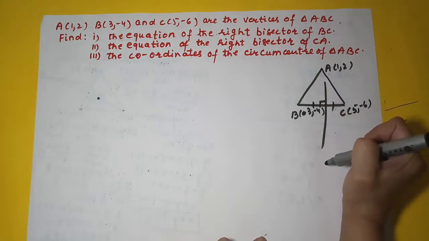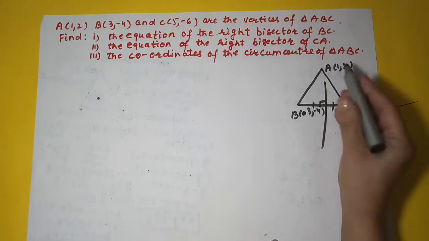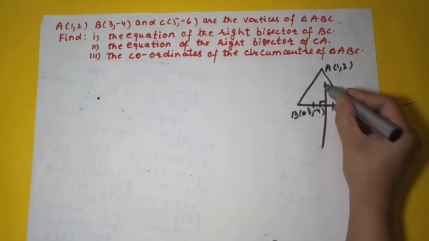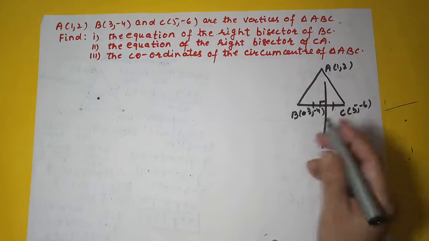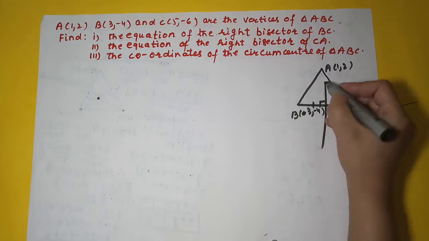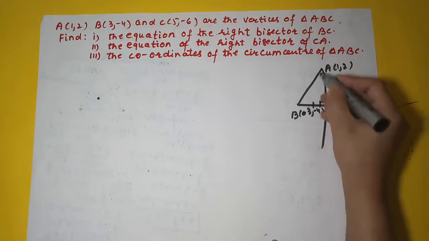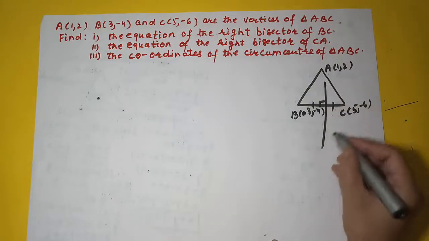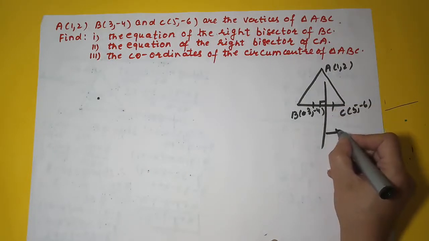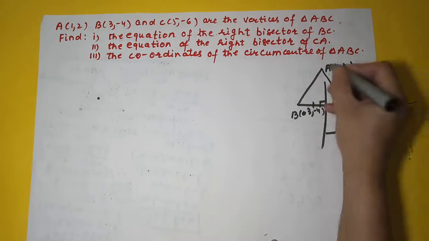It's not necessary that this right bisector will pass through A. It will pass through A only if our triangle is an equilateral triangle, but that's not mentioned here. So we cannot assume that this required line will pass through A.